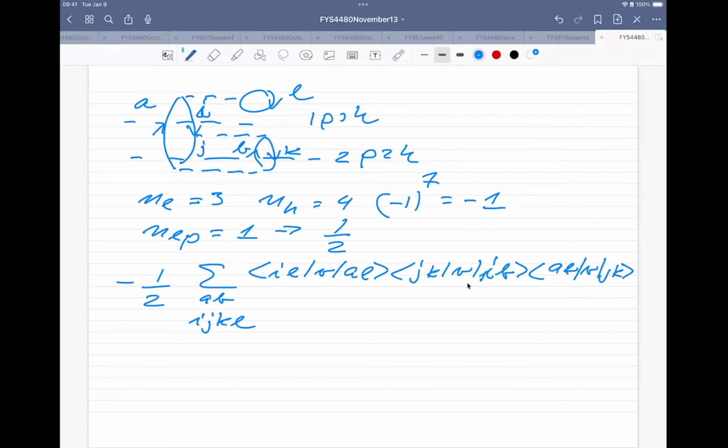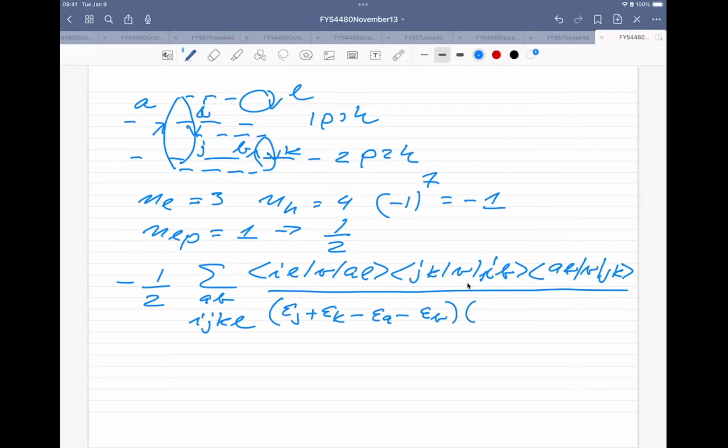So I create a two-particle, two-hole excitation. One of them gets de-excited, and I'm left with a one-particle, one-hole excitation, which then gets de-excited again, and then I'm back to the ground state of the system. The energy denominators, when I now just look at the hole lines in between the vertices, these two lines which we can draw here, then what I get is an epsilon j plus an epsilon k minus an epsilon a minus an epsilon b.